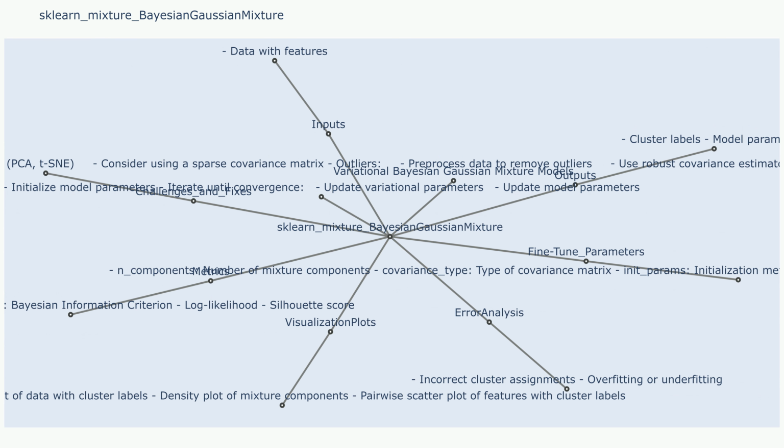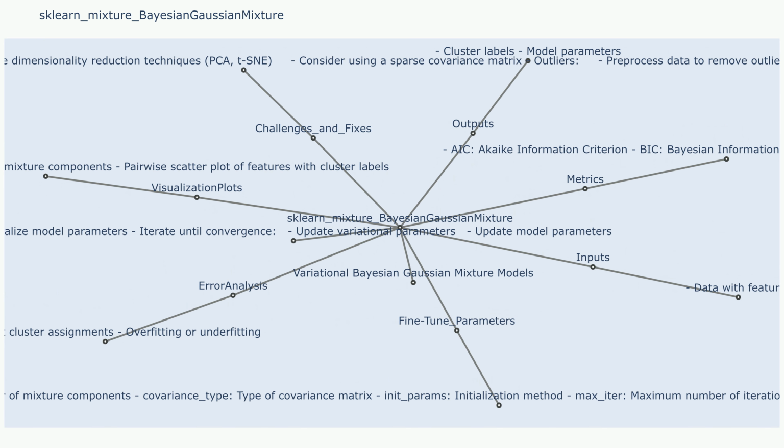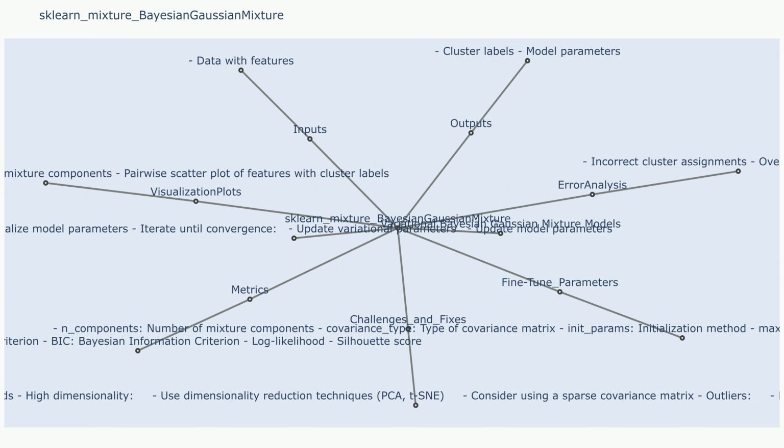Steps: initialization: the model initializes with a random number of components within the specified range. Expectation maximization: the EM algorithm iteratively alternates between the following steps. E step calculates the posterior probabilities of each data point belonging to each component.